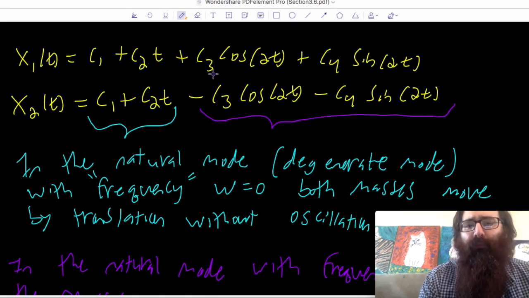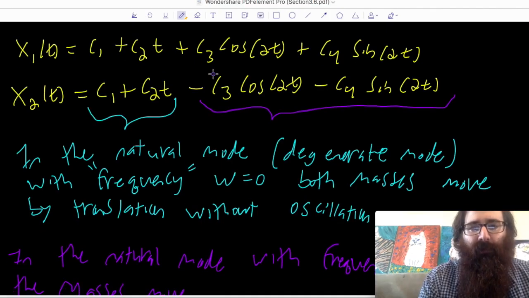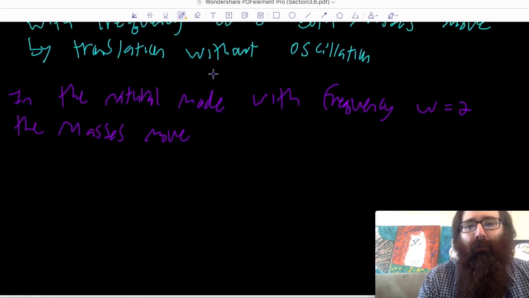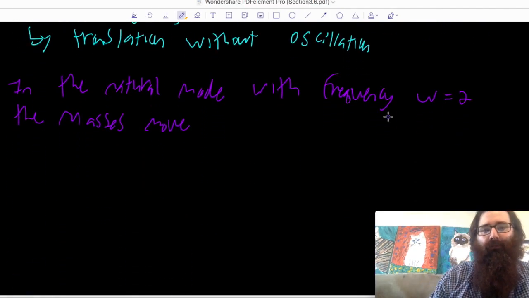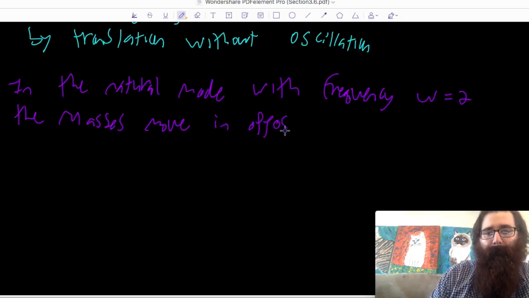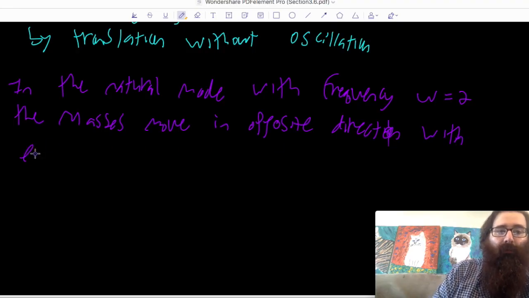So whichever one is moving in the positive direction, the other one's moving in the negative direction, and vice versa. So we would say in the natural mode with frequency omega equals 2, the masses move in opposite direction with equal amplitude.